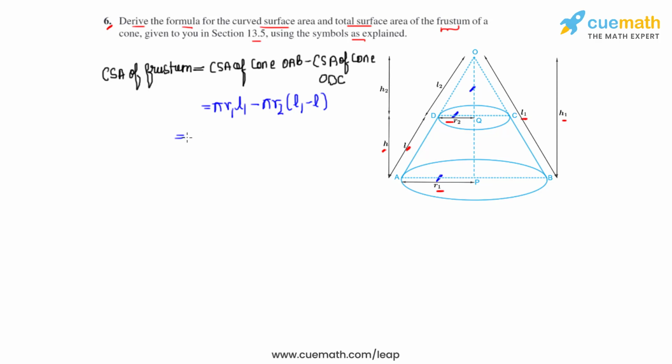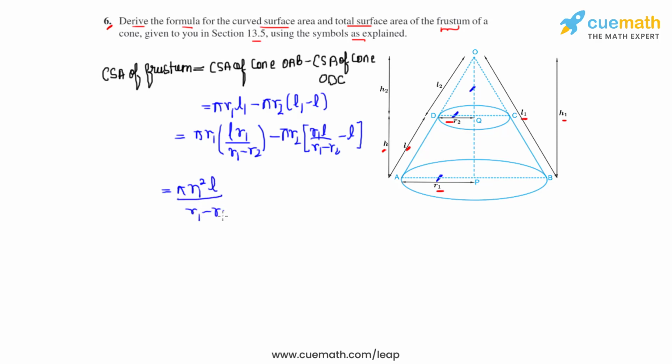Now we will substitute the value of L1 that we got, which gives pi R1 times L R1 divided by R1 minus R2, minus pi R2 times the bracket R1 L divided by R1 minus R2, minus L. So we get pi R1 square L divided by R1 minus R2, minus pi R2 times R1 L minus L R1 plus L R2, and that whole is divided by R1 minus R2.